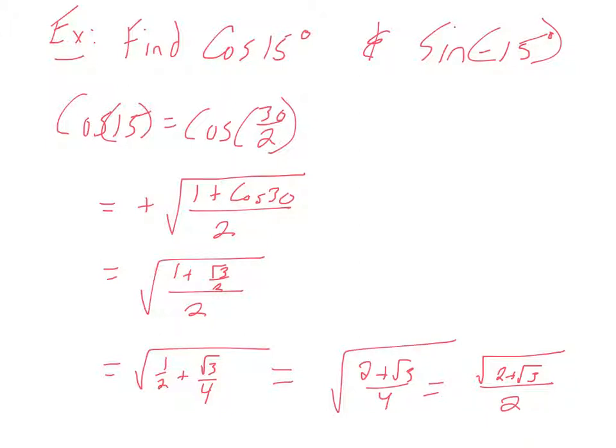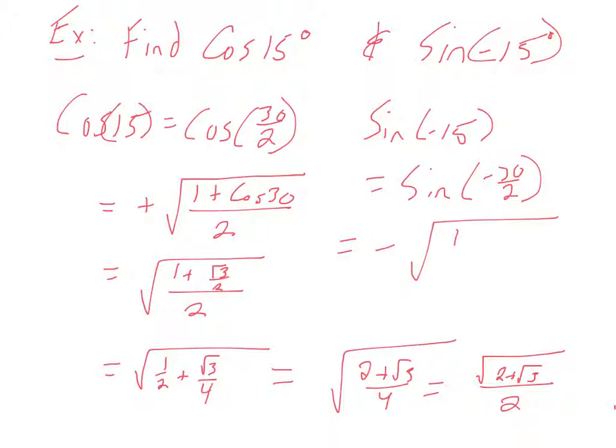Sine of negative 15 is the same as sine of negative 30 over 2, right? And so sine of negative 15 has to be negative or positive? So we're going to take the negative square root of 1 minus cosine of negative 30 over 2, right?